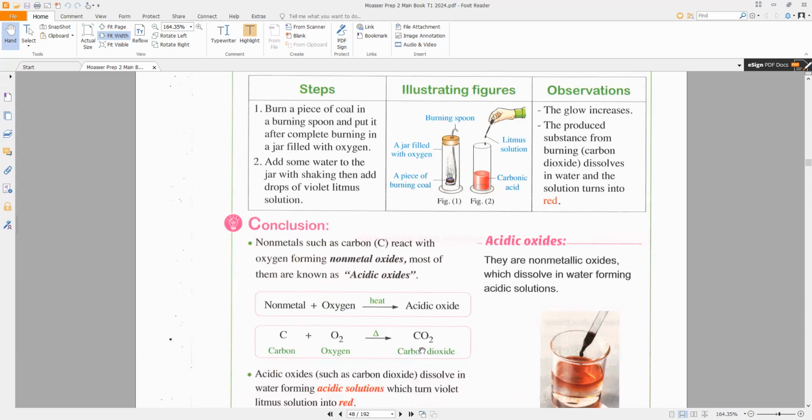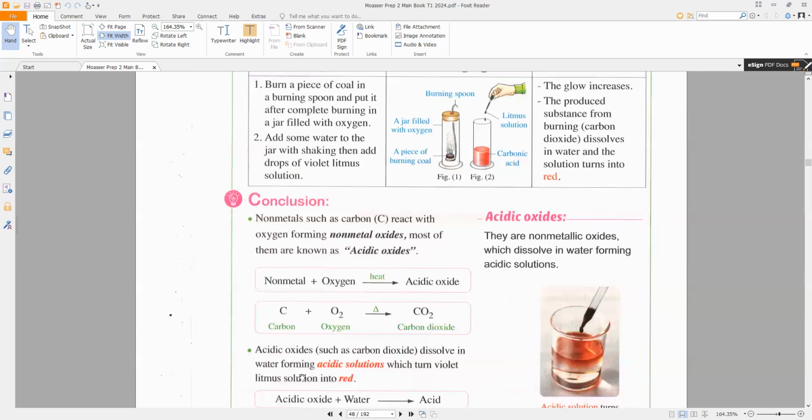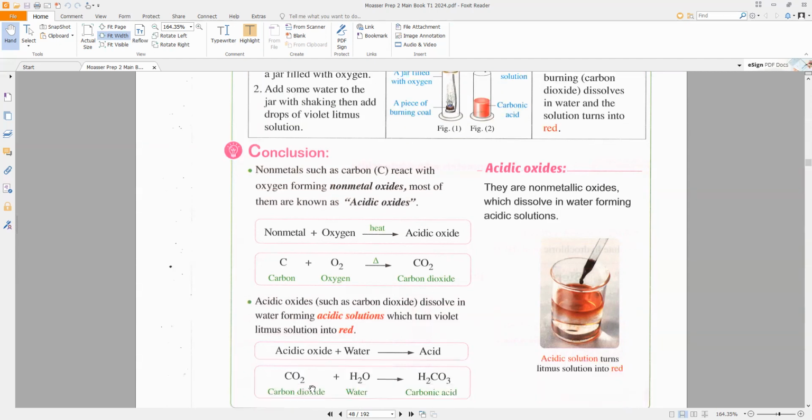Like carbon dioxide, formed by the reaction between carbon and oxygen. When the carbon or coal is burning, a fume comes from it, and we call this carbon dioxide gas. This carbon dioxide is a non-metallic oxide and an acidic oxide because when dissolved in water, it forms carbonic acid, and this acid starts with hydrogen ion.